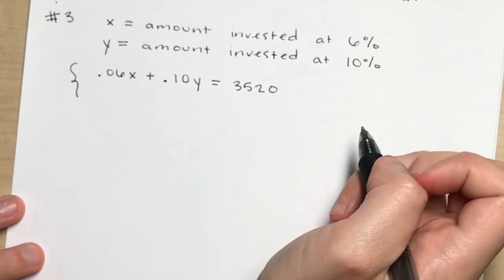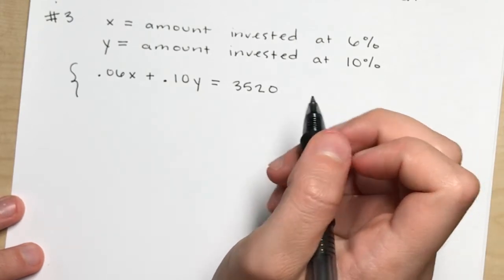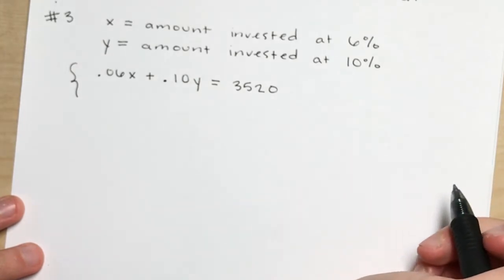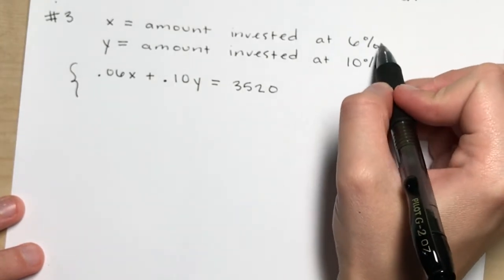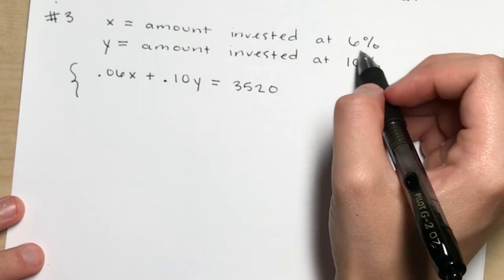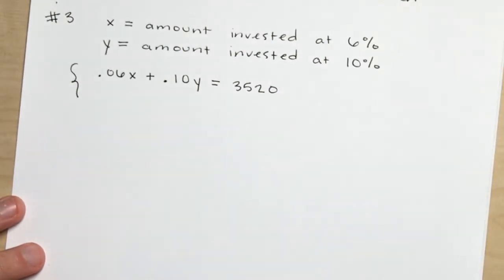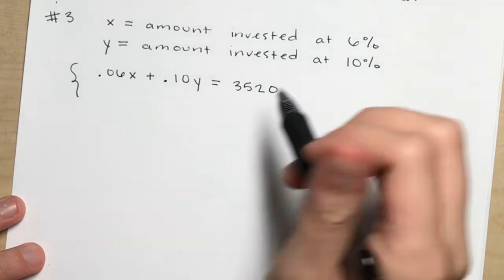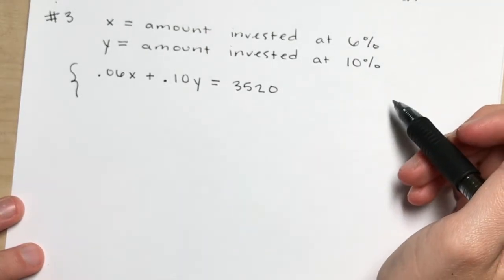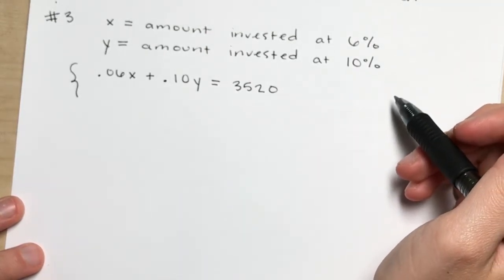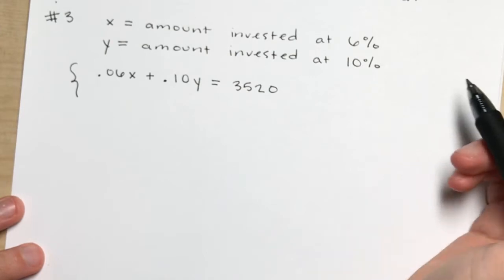We also know that he's investing twice as much in the lower yielding account, the lower yielding account being the 6%, right? It's going to earn him less interest. He's putting twice as much in the lower yielding account as in the higher yielding account. So we have 2 options.